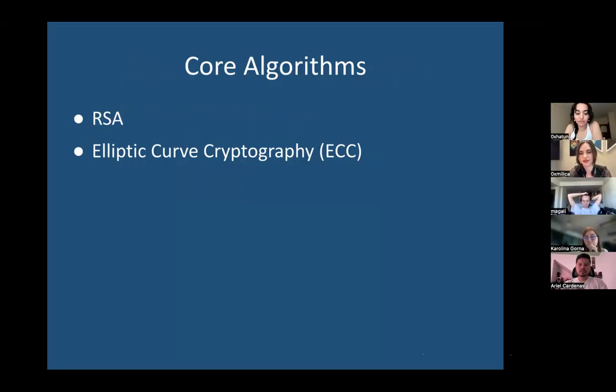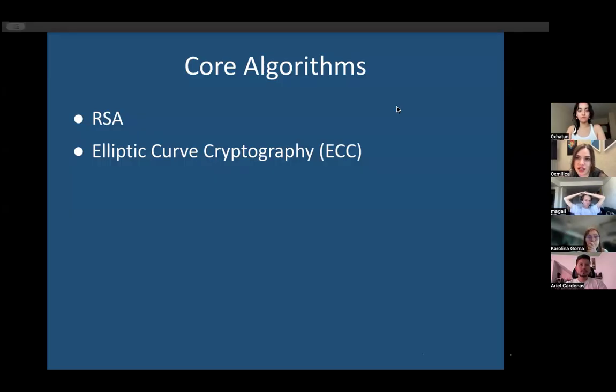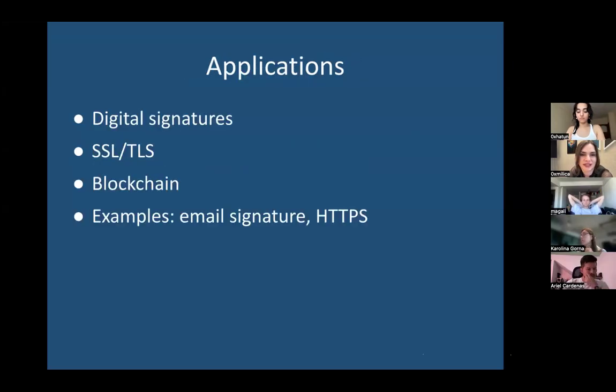One of them is elliptic curve cryptography. We're going to cover it as well, I think we can cover it today. So let's see how we can go through it to apply it.